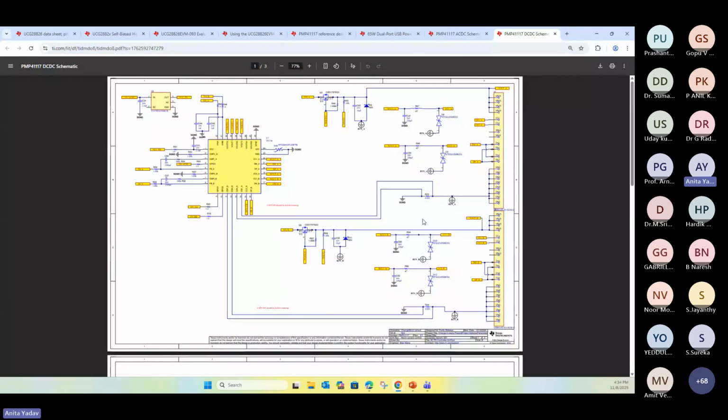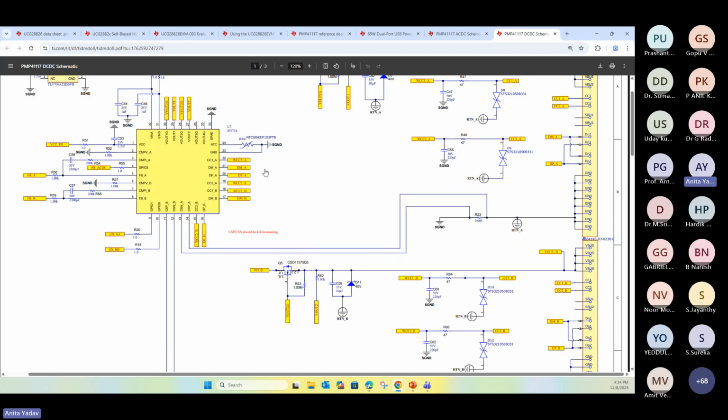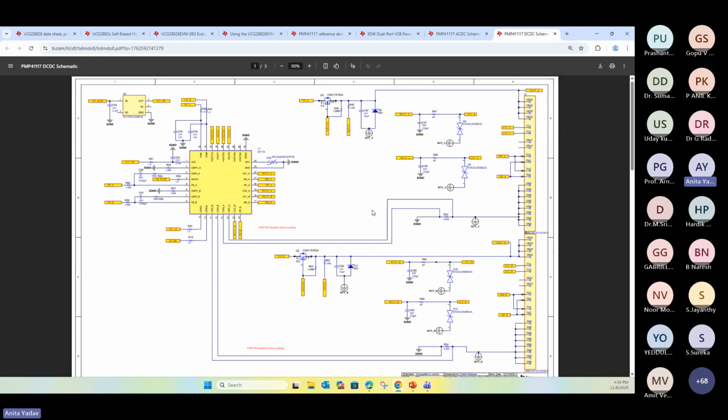I will not go into the detail because this is not my domain, and I do not have that much clear understanding of how it works. But at the block level, we know that this sets your reference voltage as per your output voltage requirement and does the communication with the USB PD receptacles.